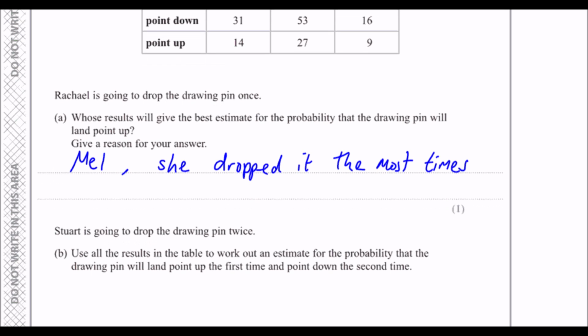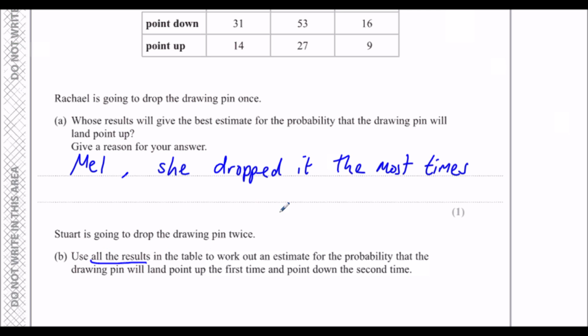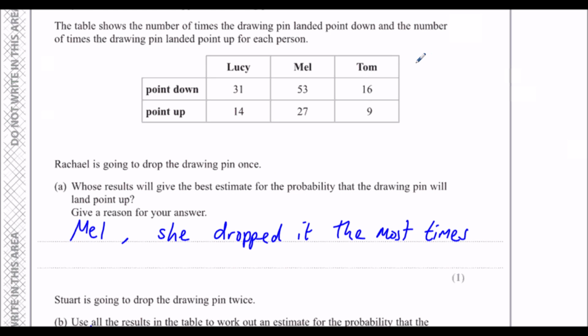Stuart is going to drop the pin twice. Use all the results in the table to work out an estimate for the probability it will land up the first time and point down the second time. Okay, so all the results, so we're going to do a total. So how many down in total? 31 plus 53 plus 16, that's 100 exactly.